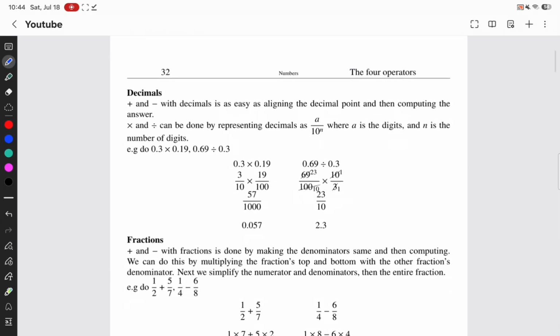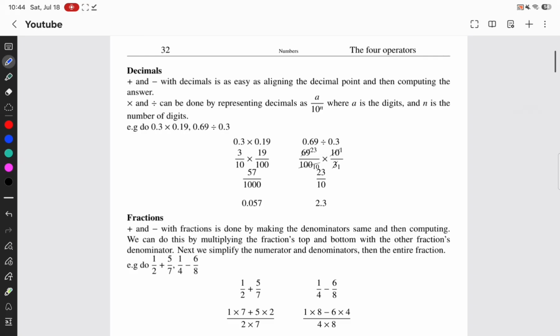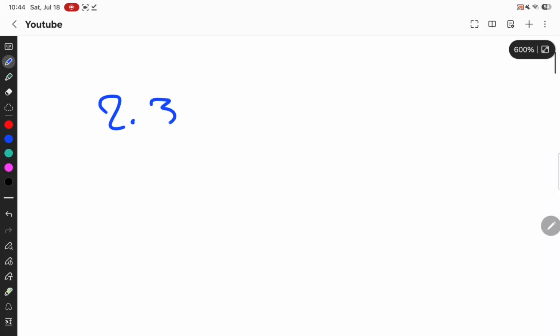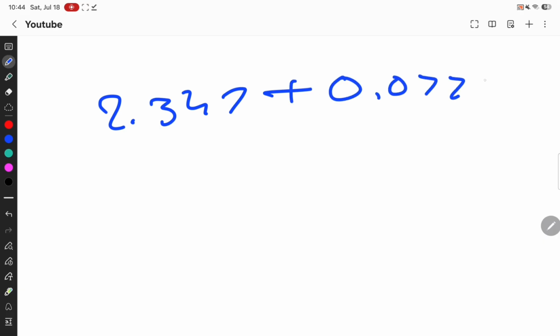Decimals. Addition and subtraction with decimals is as easy as aligning the decimal point and computing the answer. Example, you have 2.347 plus 0.0729. Here we align up the decimals.